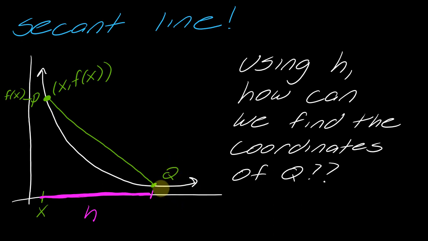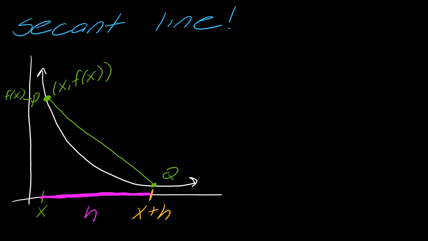So the x coordinate of Q can be found if we take whatever this is plus h, right? So the x coordinate of Q is just x plus h. It's wherever we started with x, add that distance h. And then, trying to keep everything in terms of f of x, all I have to do is plug in this x plus h.